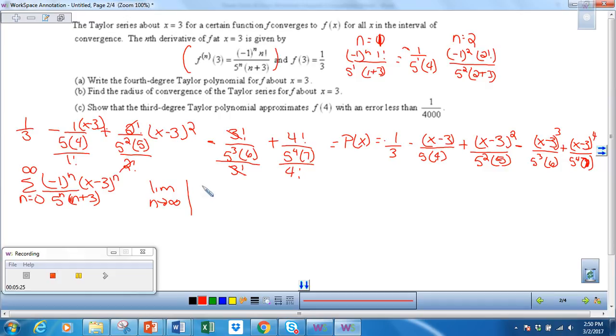So this is x minus 3 to the n plus 1 divided by 5 to the n plus 1 times n plus 4, because I have to add 1 to that. Then multiply by the reciprocal of the original, and that gives me 5 to the nth times n plus 3 over x minus 3 to the nth.